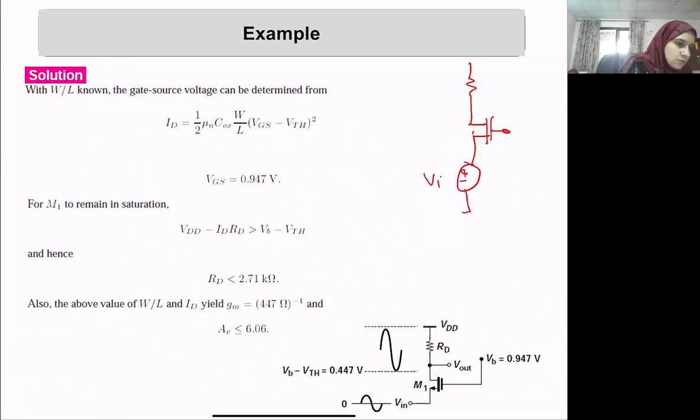This is Vn and it's equal to Vs, and this is Rd and this is VDD.